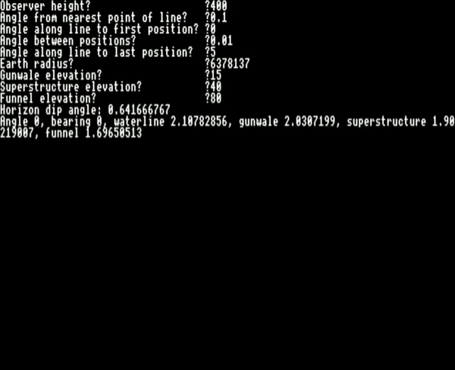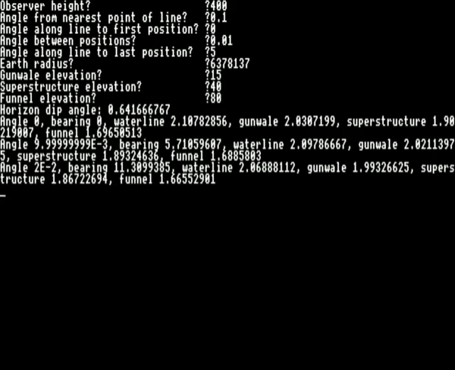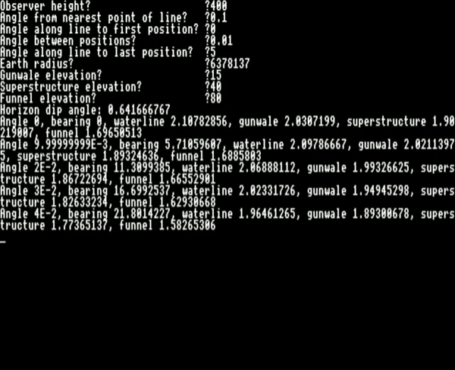Anyway, there's your greater horizon dip angle because you are higher up. And there's your first position with all the angles greater than that. I'm just going to hold down a key for a while.